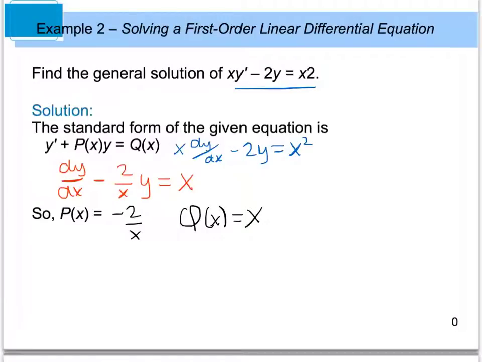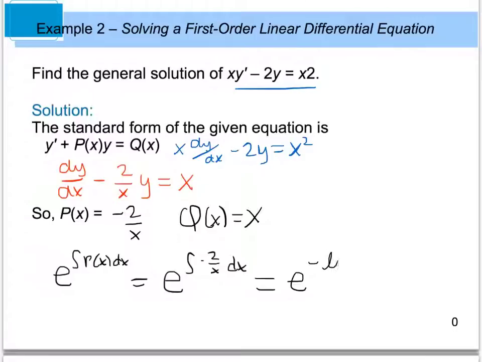I now need to go back and find my integration factor, which was e to the integral of p(x) dx. So when I do that, I get e to the integral of negative 2 divided by x dx. And when I integrate that, I end up with e to the negative natural log of x squared.